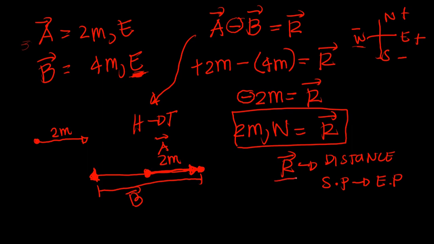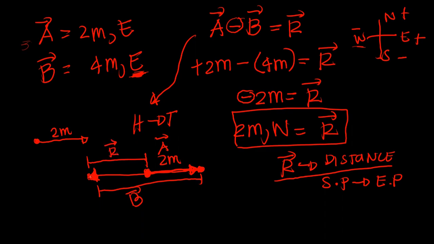Yung resultant vector mo is the distance from the starting point to the end point. Saan naman yung end point mo? Yung end point mo ay dito. So therefore, yung hinahanap daw na resultant vector is itong distance from the starting point to the end point. This is your resultant vector R.